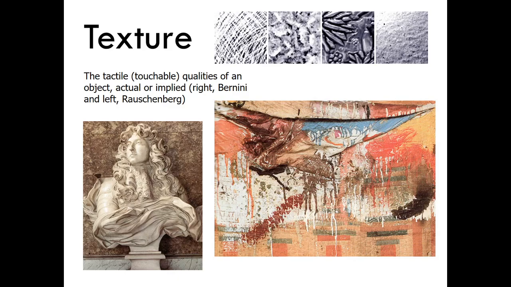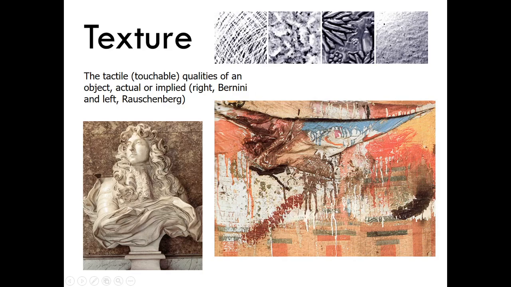Texture is the tactile qualities of an object, how it feels. This sculpture looks really smooth because it's marble and it's been polished, whereas this painting looks like it might be made of a bunch of different canvases. You can imagine how that would look rough, and you could feel the different types of paint on that canvas.